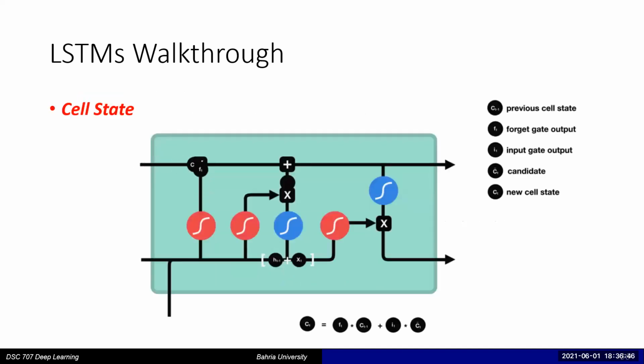Now, how do you update the cell state? You forget something, you add something. Whatever is coming from here regulates what you forget, because you have pointwise multiplication. Then you have it coming from here, and here you have the candidate Ct. So you take that product, and whatever is going here is what you are adding to the cell state, right?